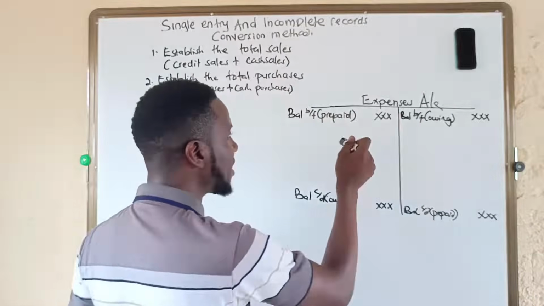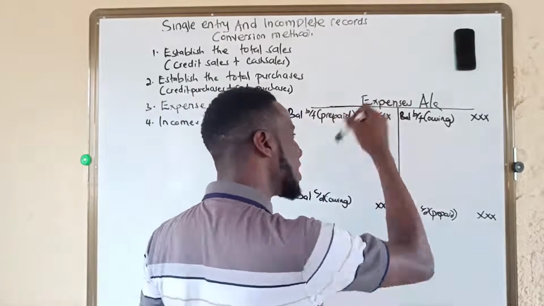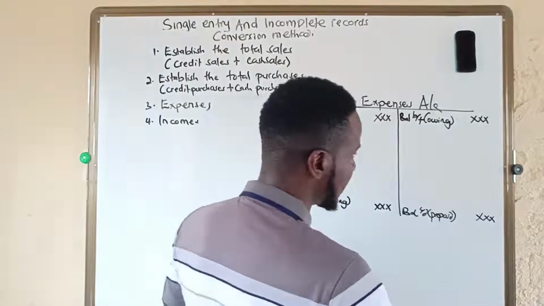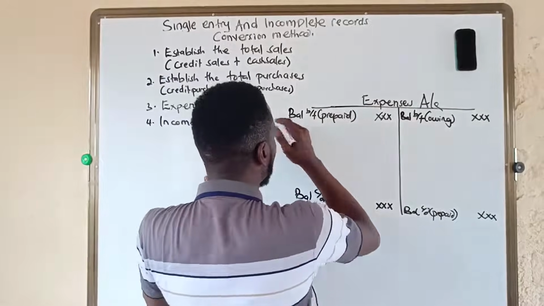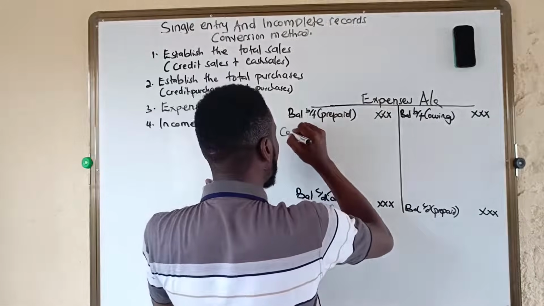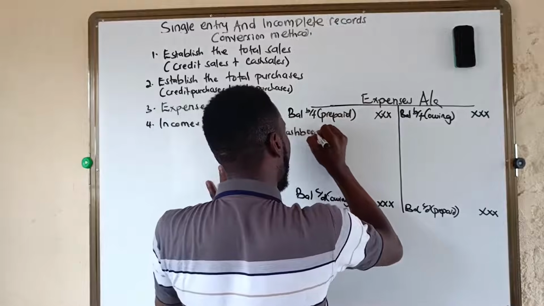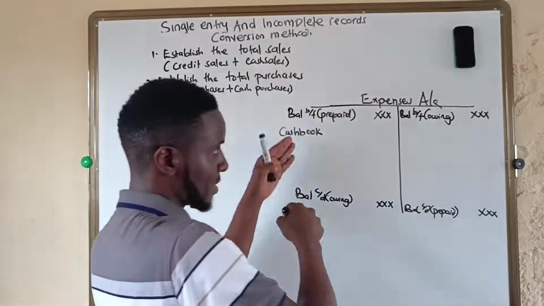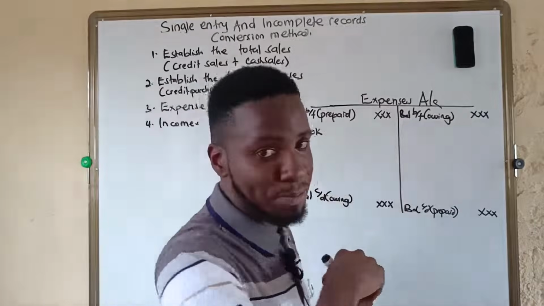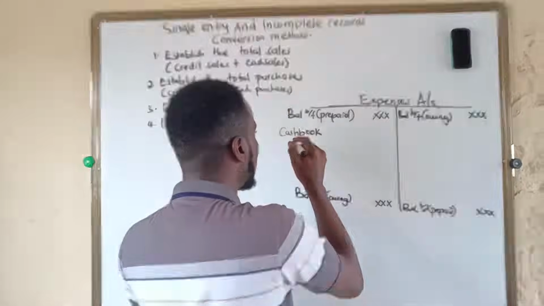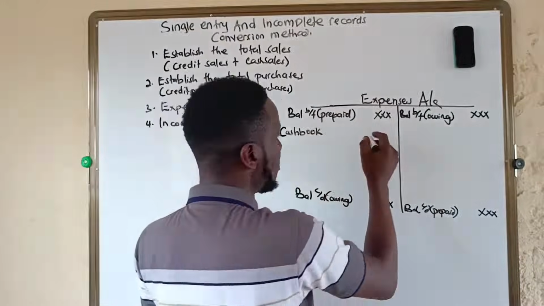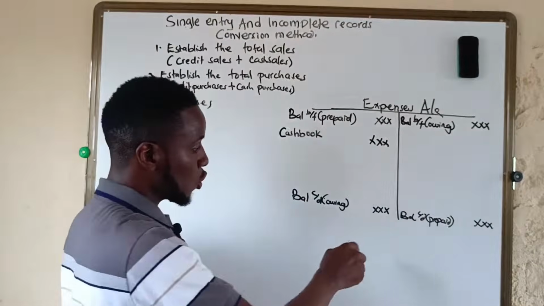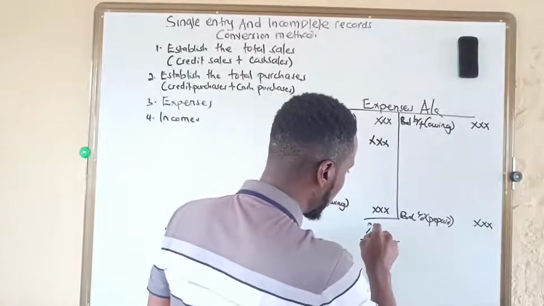Now when you come here, you record them on the debit side of the account because we are getting them from the credit side. So you come here and you indicate, for example, you can put here cash book, or sometimes people can indicate receipts and payments. So you get that value from the cash book, that same value, you bring it here. Now what you do, you add up the total.